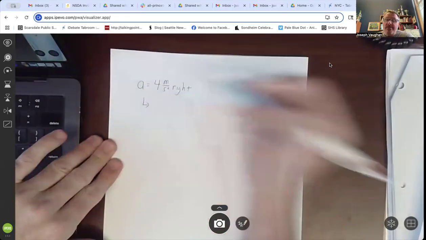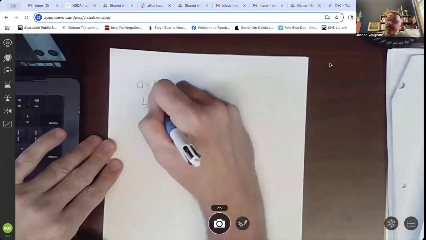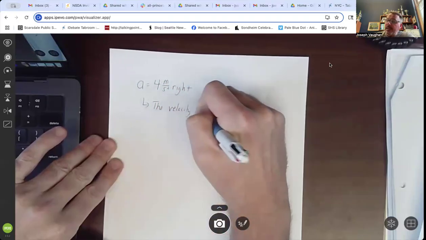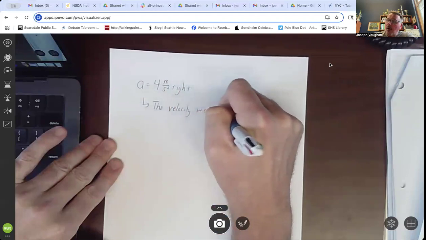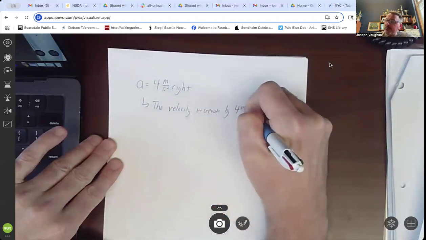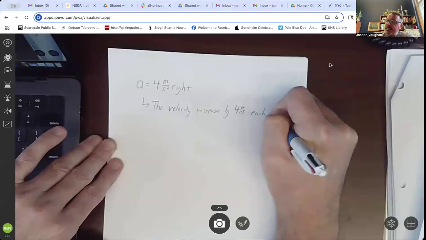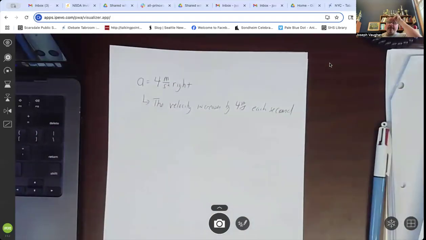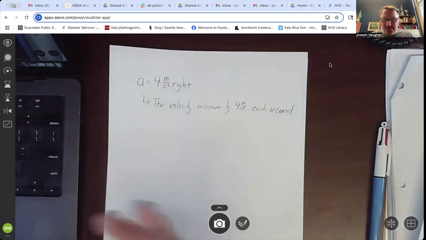Well, a common thing that people think this means is the velocity increases by 4 meters per second each second. And to us, we would say, uh-oh, that is a problem. But that's the way that people want to think about it. Once again, that encodes the preconception that acceleration is all about increases in speed.